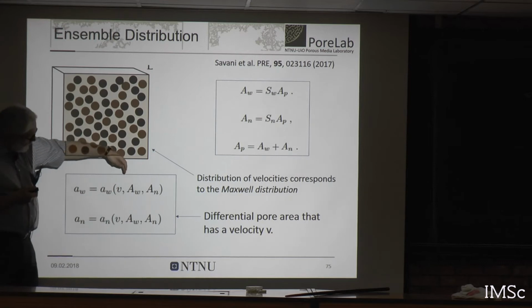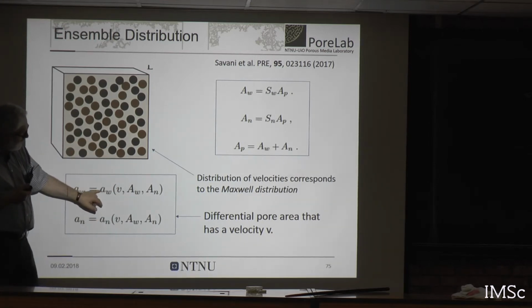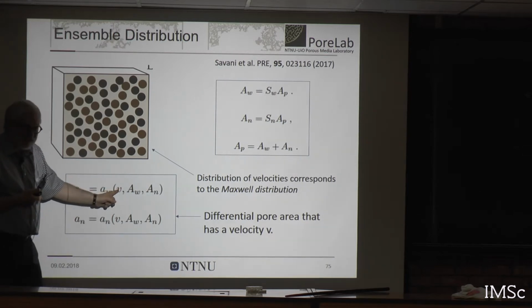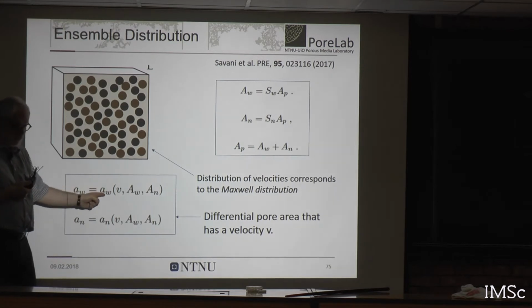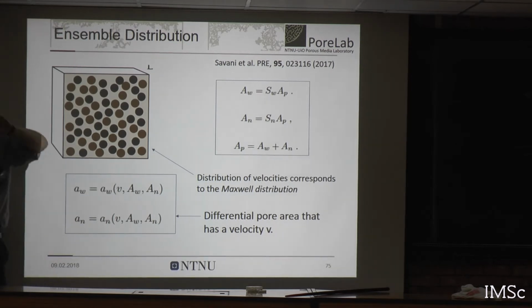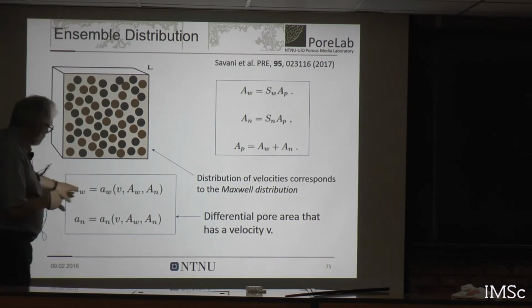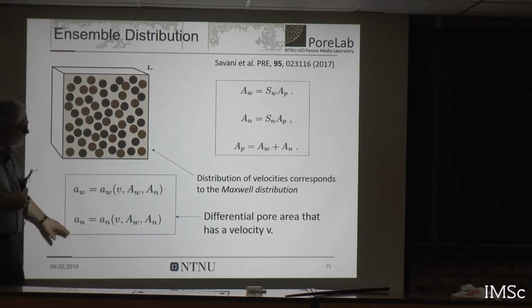Namely, that is the wetting area per velocity: if I specify a velocity, this differential contains that velocity. So it's basically a histogram of the velocities inside here. And that will depend on these two here. And I'll have the same thing for this one.